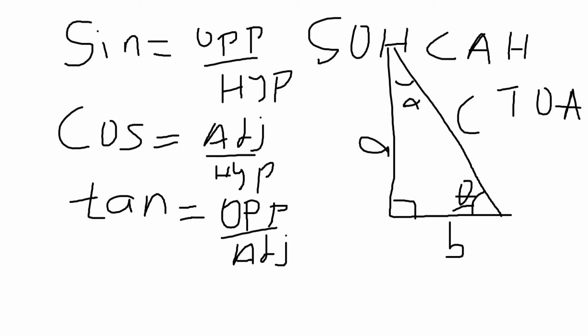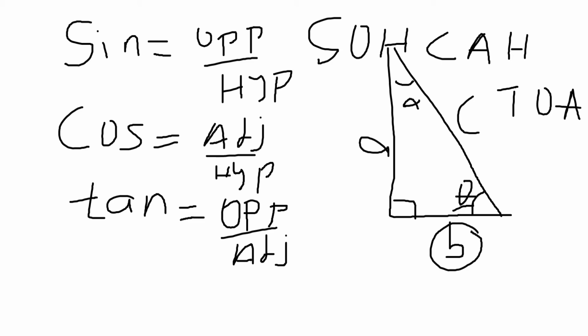Once you know that A is your opposite, C is your hypotenuse because the hypotenuse is the longest side of a right angled triangle. Then the third side is the adjacent.